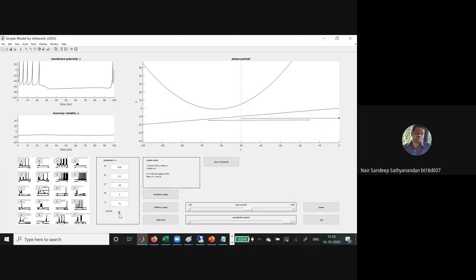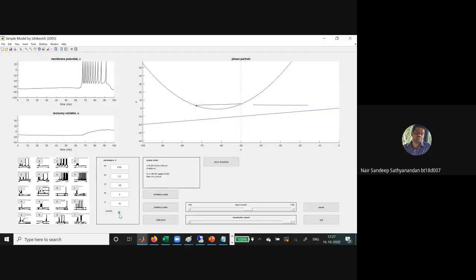Yeah, so now it should exhibit tonic bursting. Now we saw the tonic response and the phasic response.